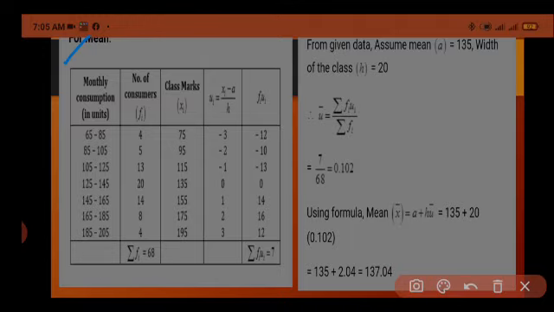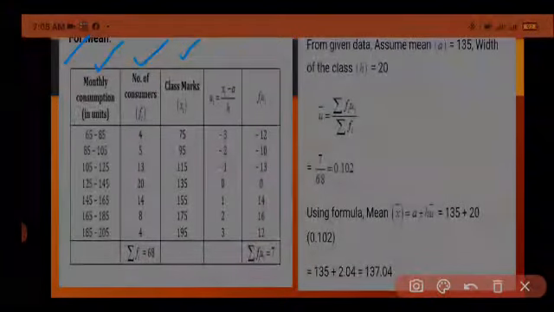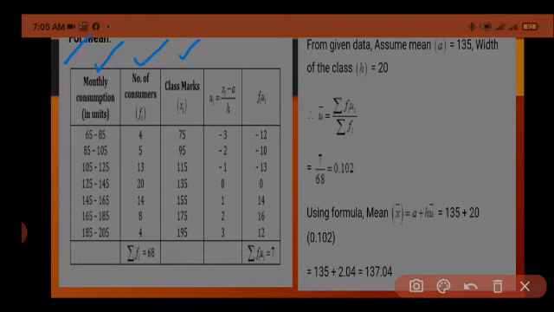Whatever these two columns are given to us in the question only. Okay, and we are finding class marks. As you already know how we find the class mark, we add the lower limit plus the upper limit, and then divide by 2. So we will get 75. The second one will be 95, then 115.